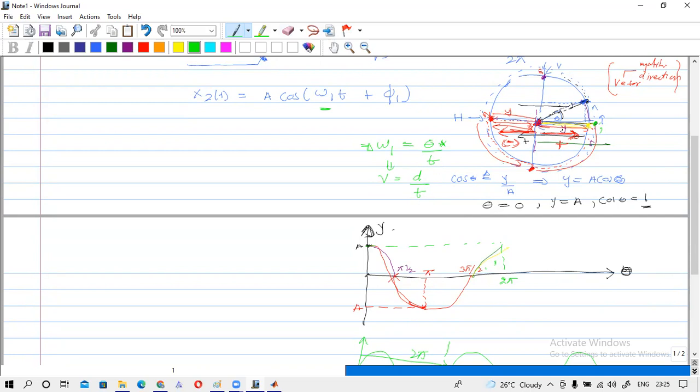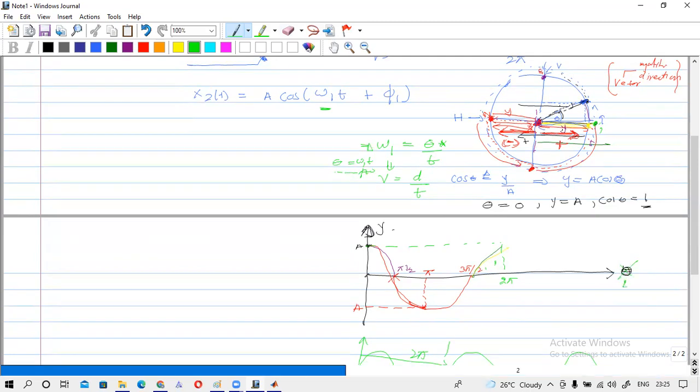So you can define it like this: theta is equal to omega 1 t. If this omega is fixed, this theta is changing with t. So we can remove this theta and put t here.